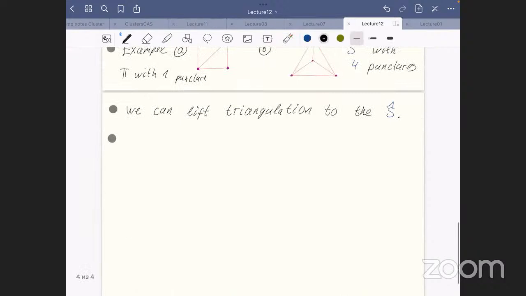So assume that we have a map from vertices of triangulation to P1.